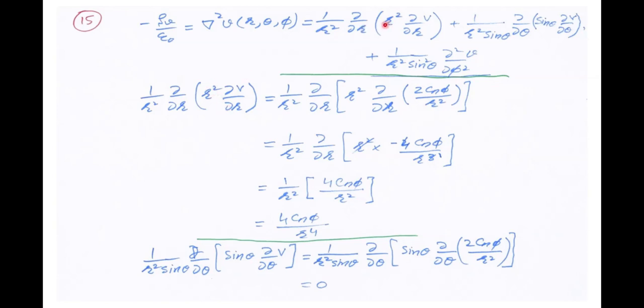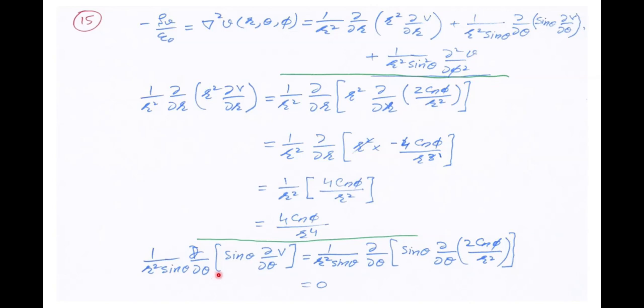In the spherical coordinate system, the second order differentiation is given by 1 upon r square, partial by partial r, into r square times partial V by partial r. Plug in the given potential, replacing V by 2 cosine phi divided by r square. The differentiation with respect to r produces 4 times cosine phi divided by r4.